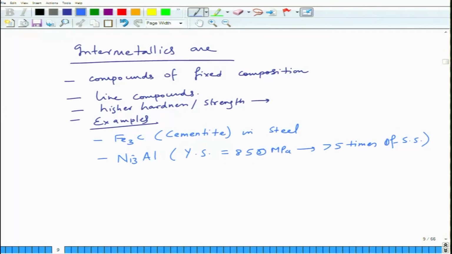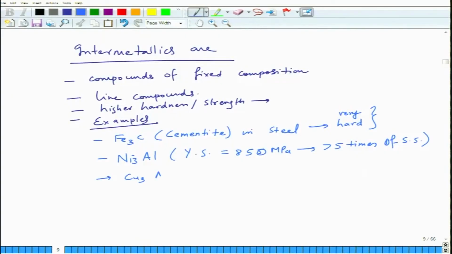Similarly, cementite in steel is extremely hard, very hard. That is why we prefer high carbon steels for applications which require high hardness, and this high hardness comes from cementite. And similarly, you have things like Cu3Au.